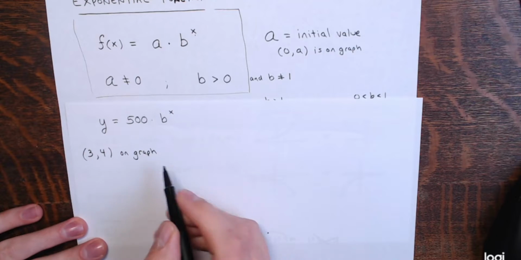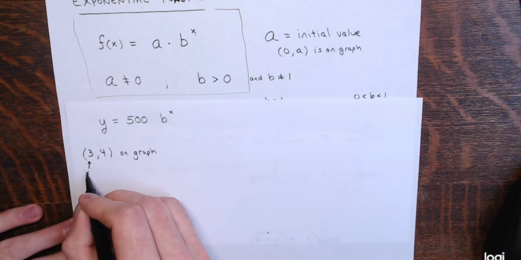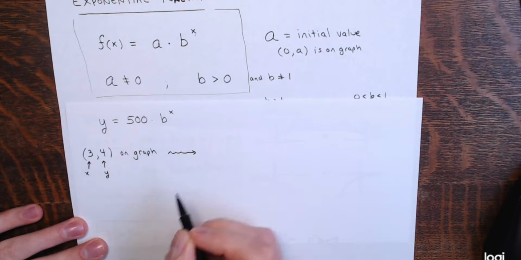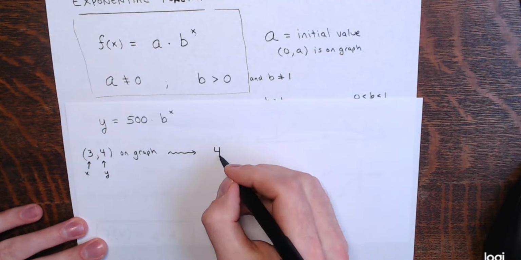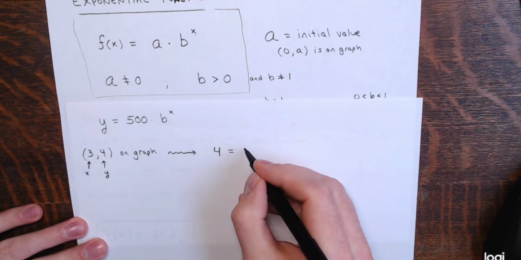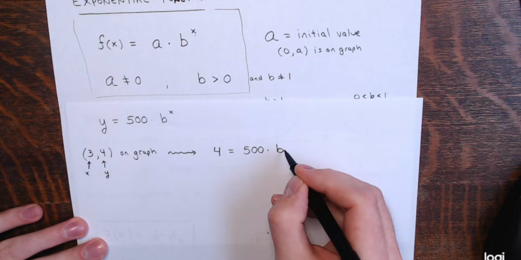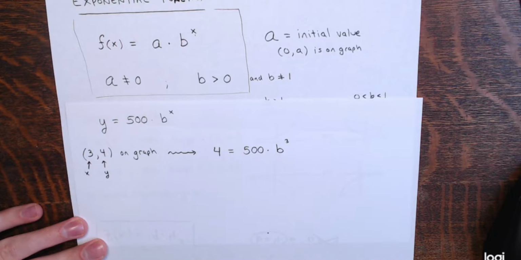So I replace x with 3 and y with 4 and solve for b. So 4 for y on the left side equals 500 times b to the third power, right? Replacing x with 3.